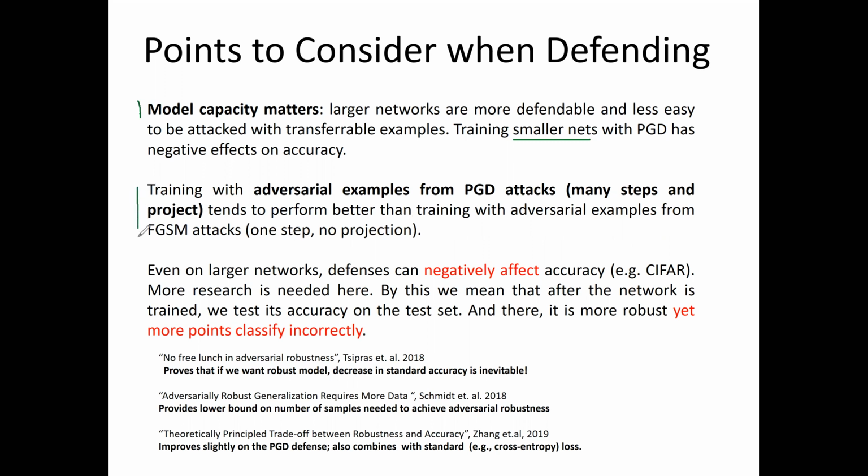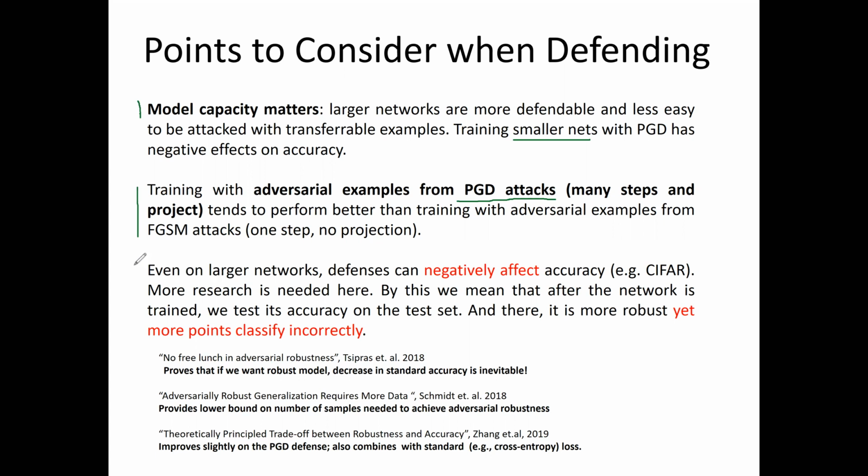Now, training with multiple iterations of the FGSM, like this PGD with projection, which is essentially iterative FGSM with projection, tends to perform better than training with one step, which is probably not surprising. You're able to find greater values of the loss, maximizing the loss more successfully.